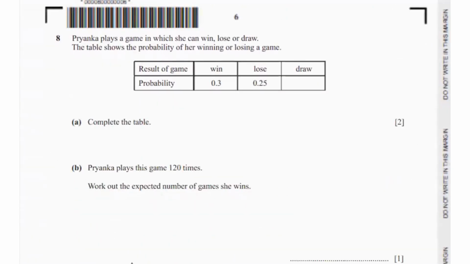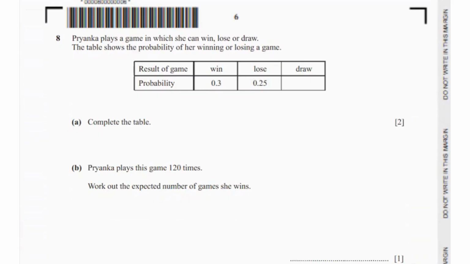Question 8 says, Priyanka plays a game in which she can win, lose, or draw. The table shows the probability of her winning or losing a game. So we know that the probability of winning is 0.3 and for losing is 0.25. Complete the table. The probability of an entire event happening, in this case her playing this game, can be win, lose, or draw.